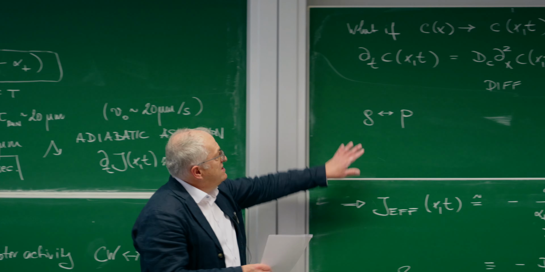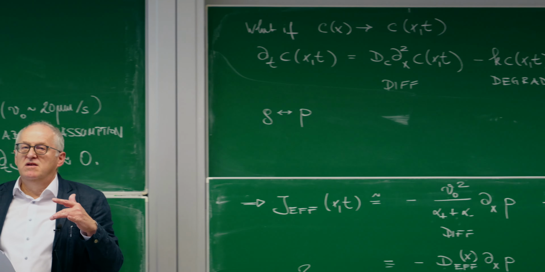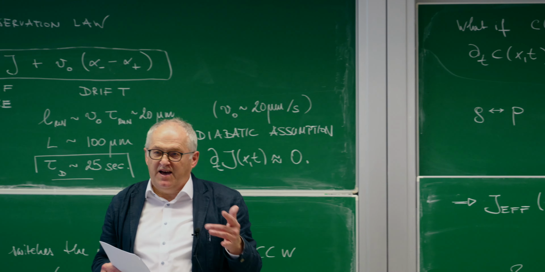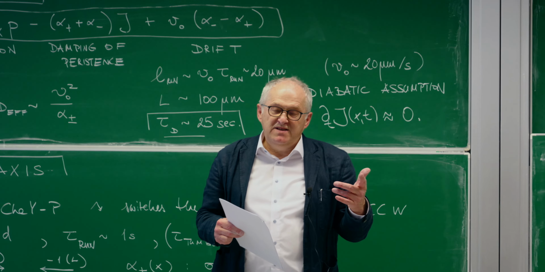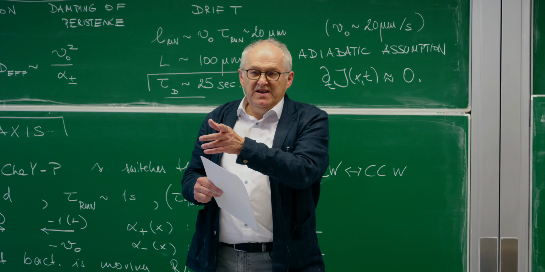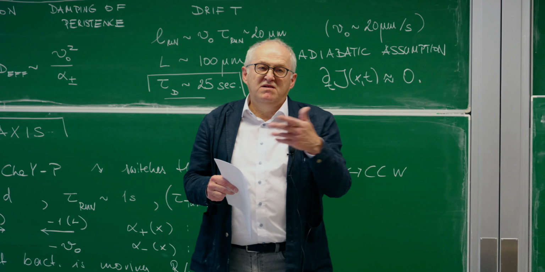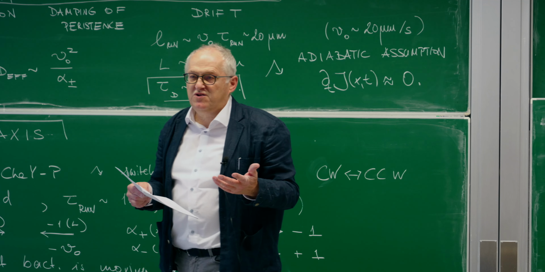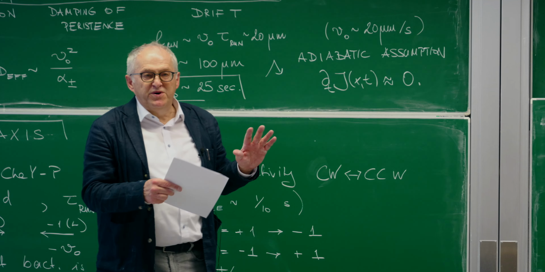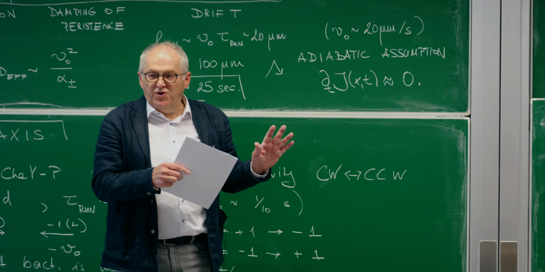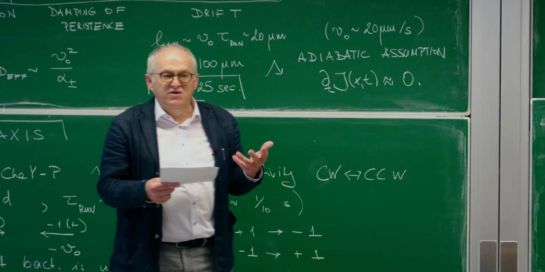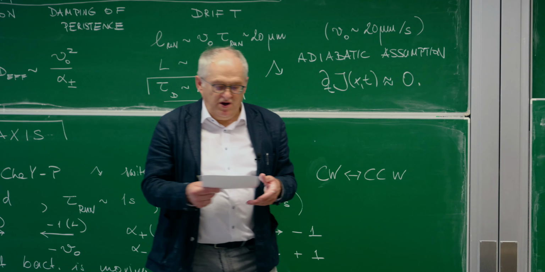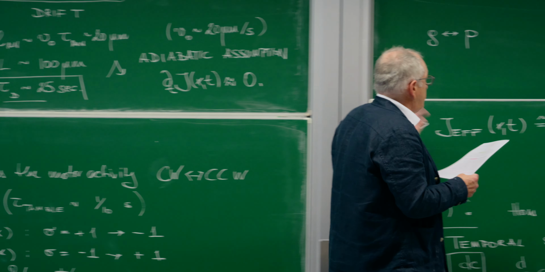So this replacement here is not quite exact, because the density is a fluctuating variable. It's a field, and the probability density is a variable which is a continuous function. It's not fluctuating. But for our purpose, let's just take this point of view, because it's easier to argue in terms of densities than to argue in terms of probability densities.